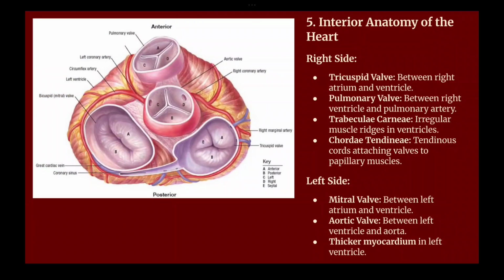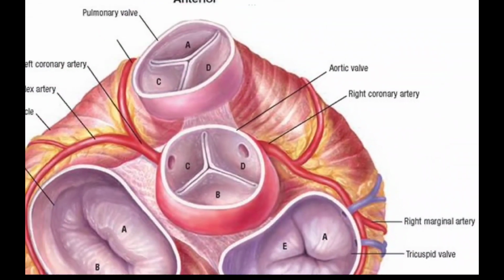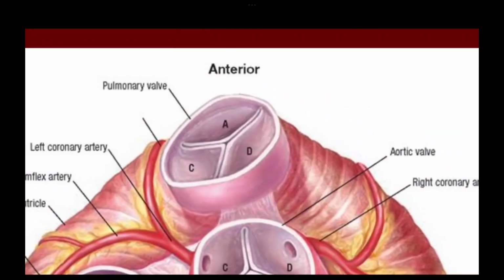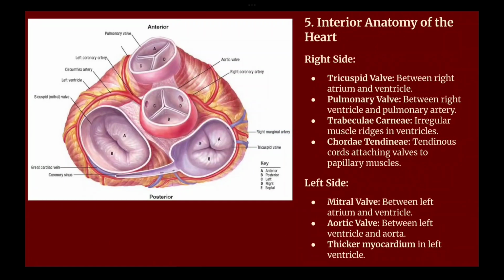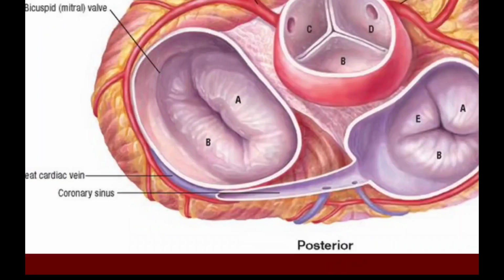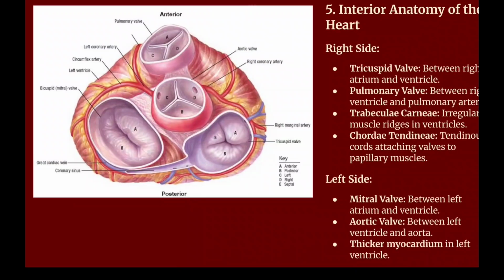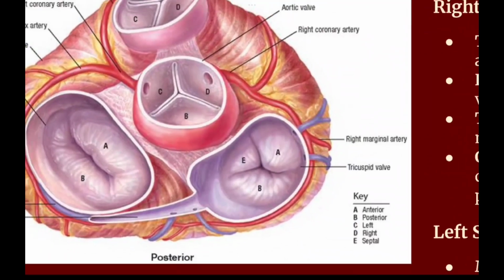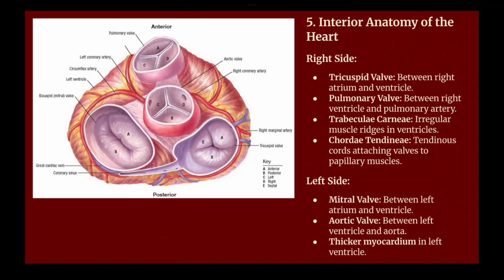Here you have the tricuspid valve, the pulmonary valve above it, and the trabeculae carneae and chordae tendineae on the right side of the heart. On the left side you have the mitral valve and the aortic valve in the middle.